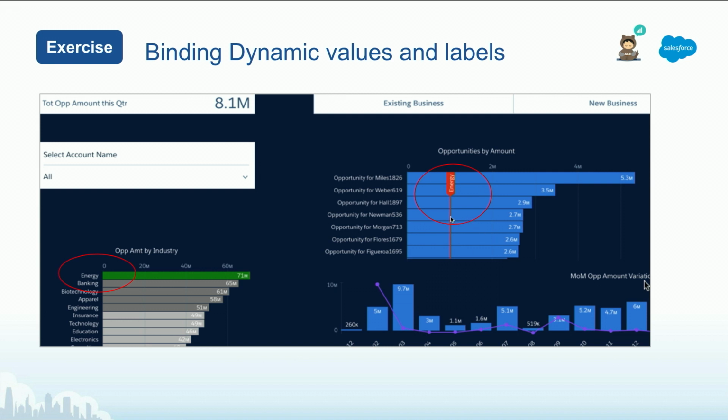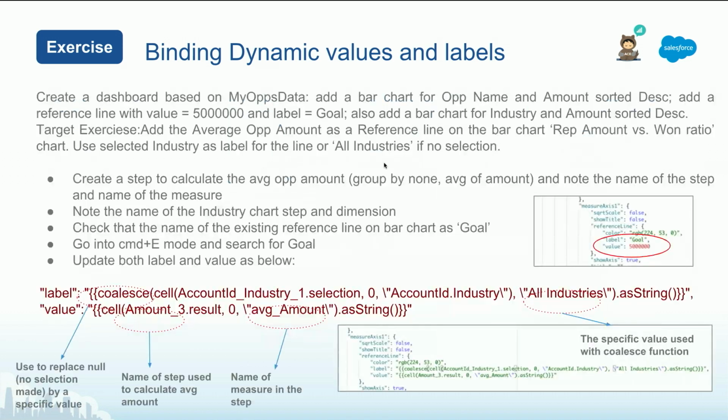Maybe it shows the average amount of the opportunities, so we want that value to dynamically reflect. Also, for visual perspective, smart design, we want it to reflect the industry being selected. So this exercise walks you through how you can dynamically go back to the goal and the value and update them to listen to what you are selecting on the dashboard.